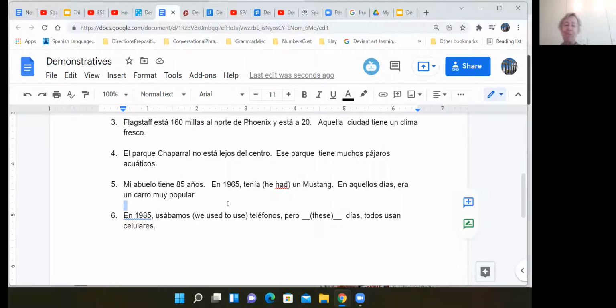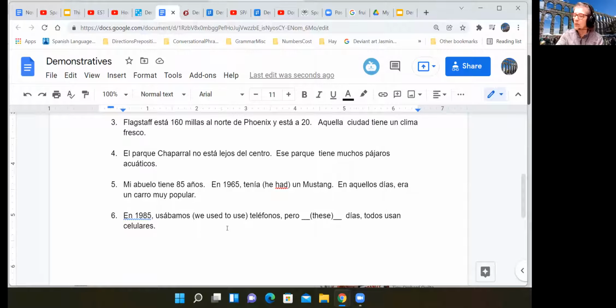En aquellos días era un carro muy popular. This is showing you we can use aquellos días, those days, because it's in 1965. It's way back, time machine. So aquellos días means long ago, okay?